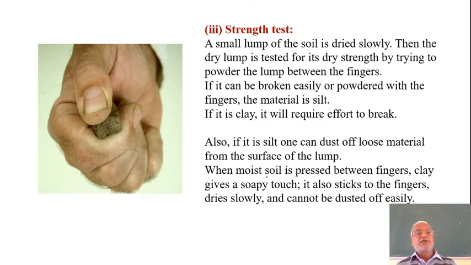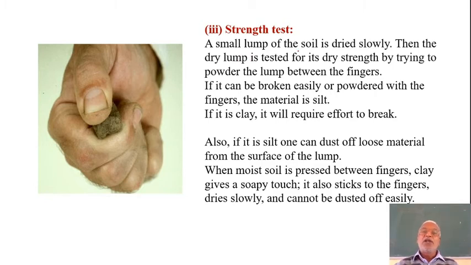Okay, next, strength test. Now what is being done here is a sample of soil which is dried in natural condition. It is being held between the two fingers and then tried to press it. So whether the lump breaks or not, that is what the test says. We'll read it off.